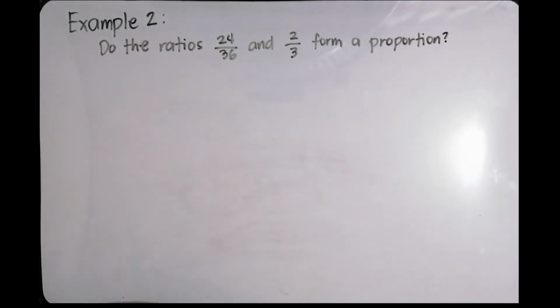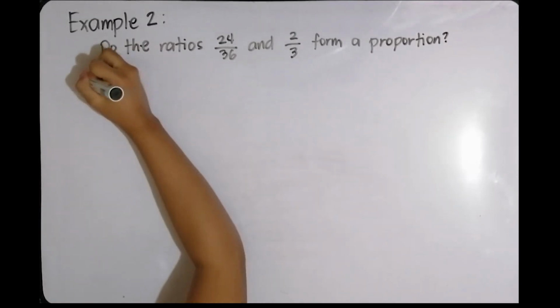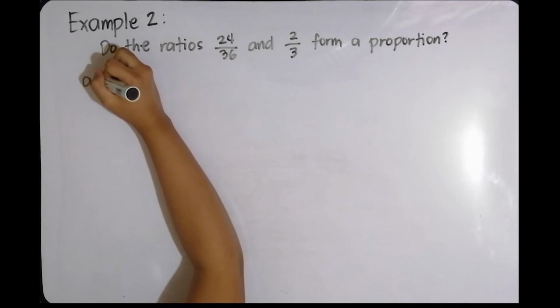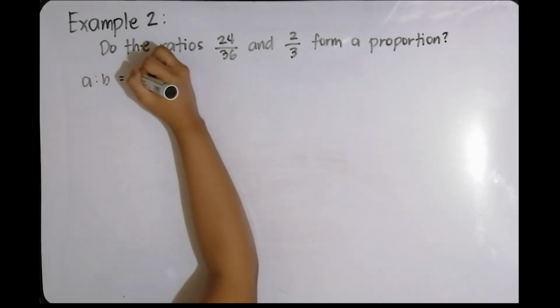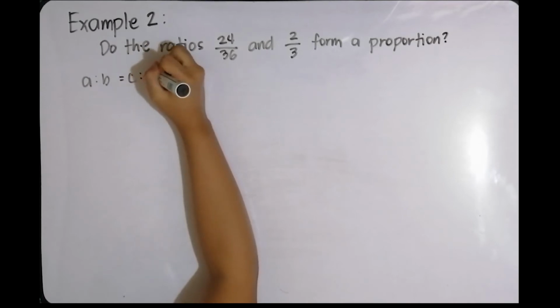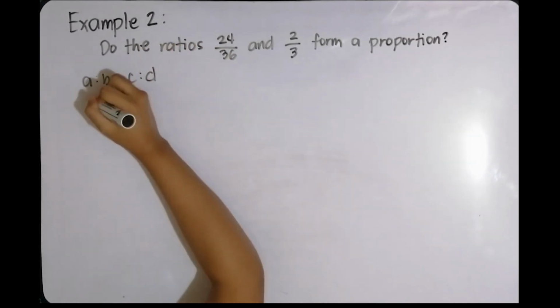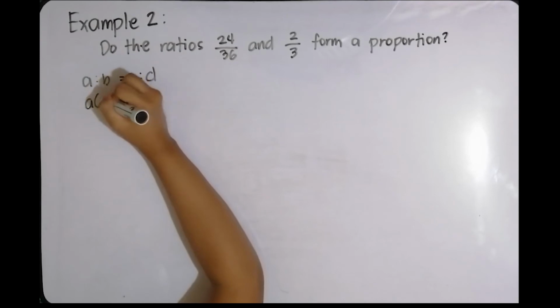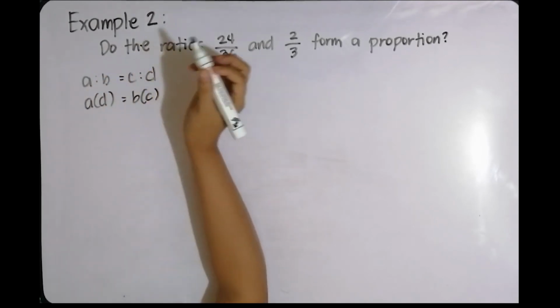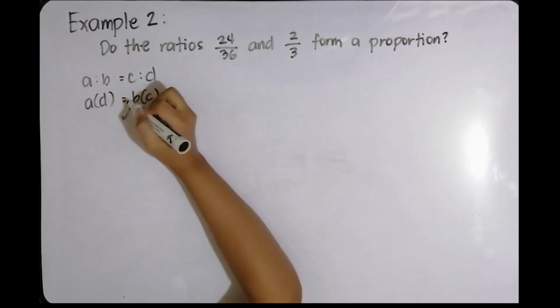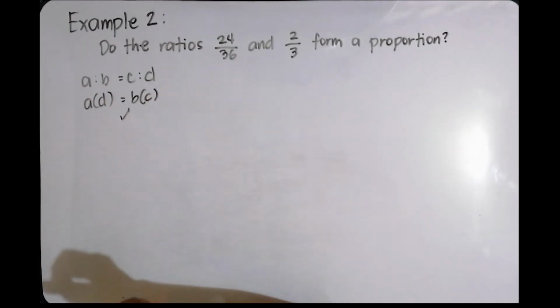We use the fundamental property of proportion, in the form of A is to B equals C is to D. We need to get the product of the extremes, A times D, and the product of the means, B times C. If they are equal, then these form a proportion.